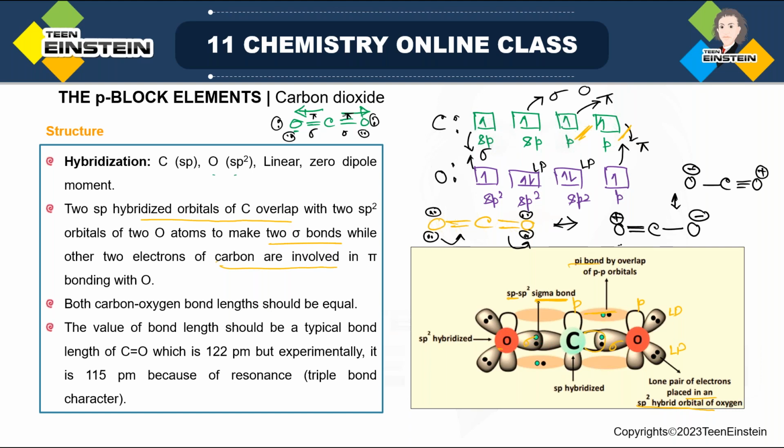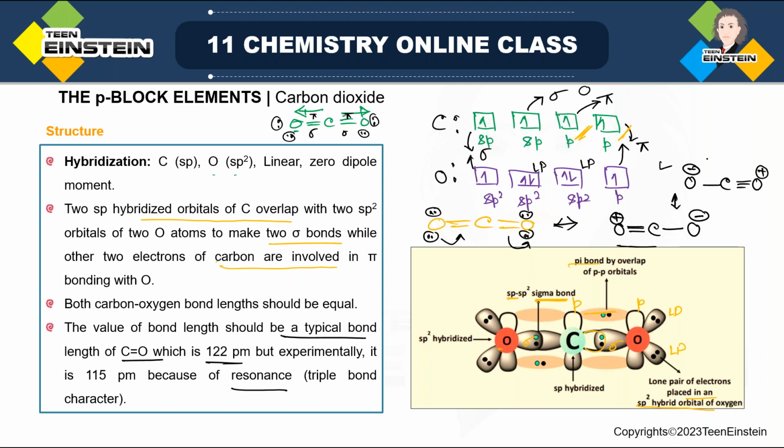Now you can see there is some triple bond type of character generated between oxygen and carbon. So the bond length should be a typical bond length of C double bond O, which is around 122 picometer. That is expected. But experimentally, we are seeing something different. What we are seeing is 115 picometer, and it is because of resonance.